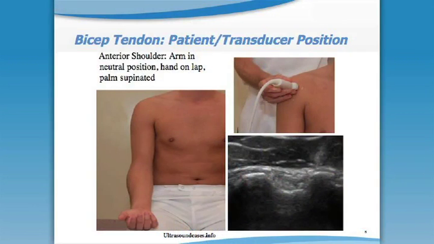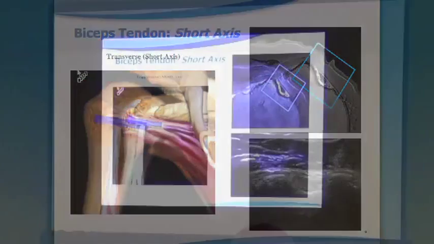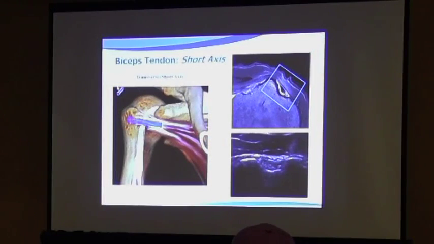You can rest their hand on their lap, and you're trying to place the transducer across the upper arm, across the intertubercular groove, where you have the lesser tuberosity on one side, the greater tuberosity on the other side, and the biceps tendon in between. So if you take a look at this CT scan so that you have the bony landmarks and the subscapularis tendon, this cross-sectional image corresponds with an MRI that will look this way.